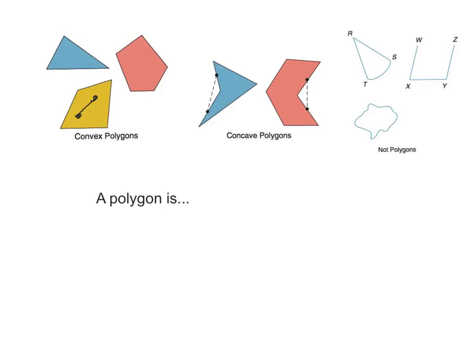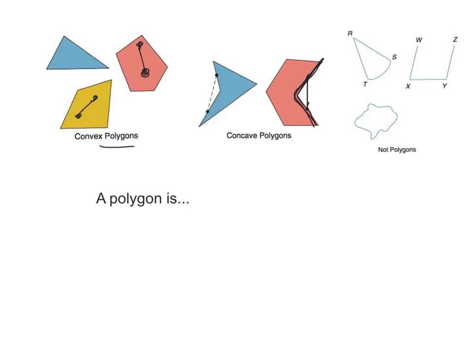If those 2 points and a line stay inside the shape the entire time, that is called a convex polygon. When we talk about a concave, I can draw 2 points and connect them, and I go outside the shape. Think about it in terms of a cave. You go inside to have that cave.